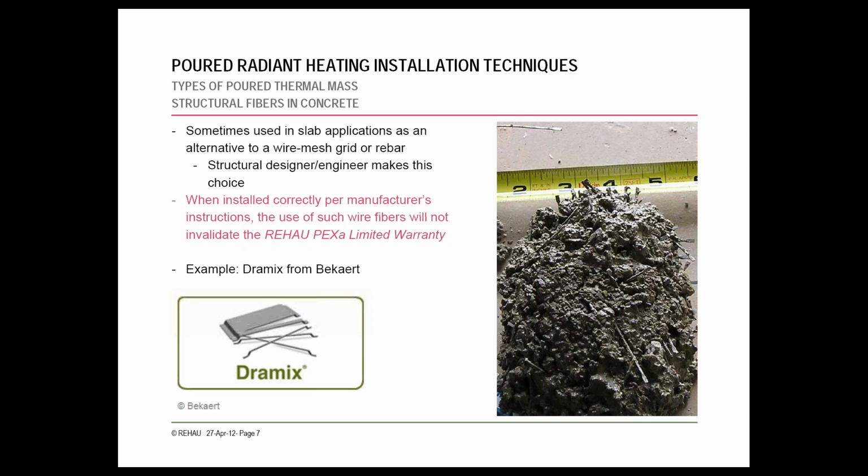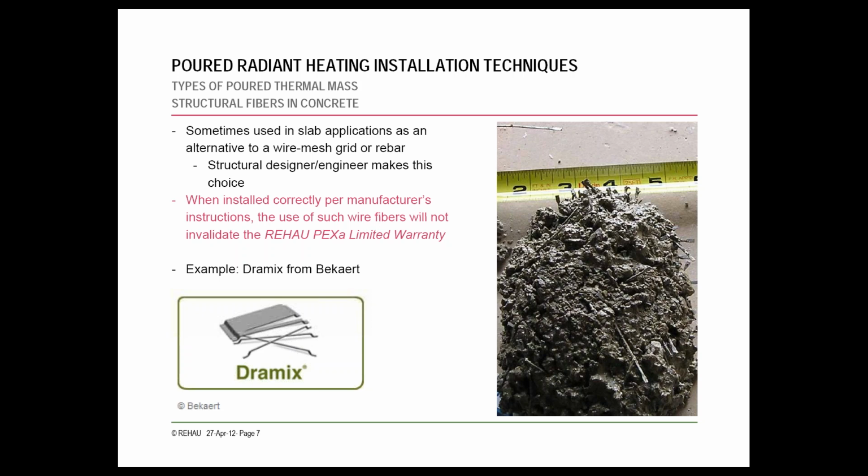Almost anything they can put in a slab will not affect the tube itself. You always check with the manufacturer, but most of them will tell you the concrete will never bother the tube. Just in some cases, you need to make sure that the structural engineer is accounting for it.